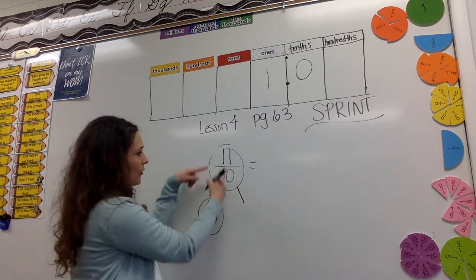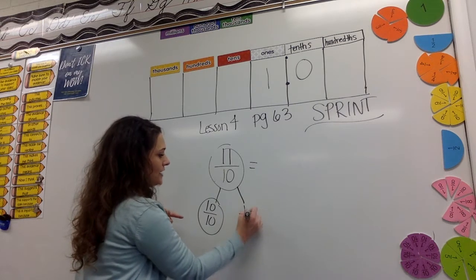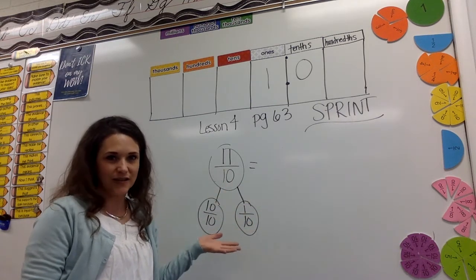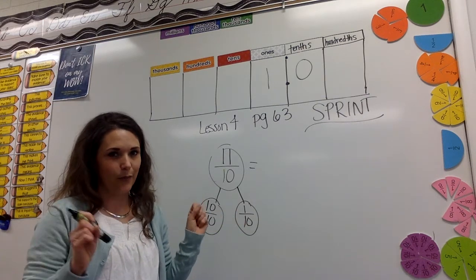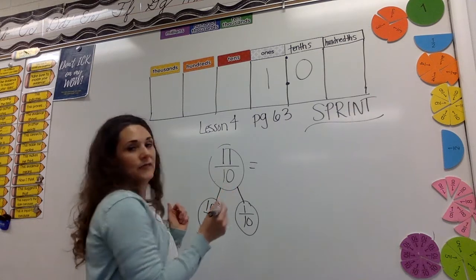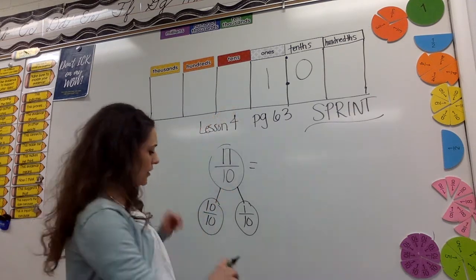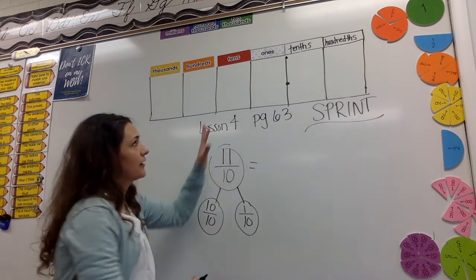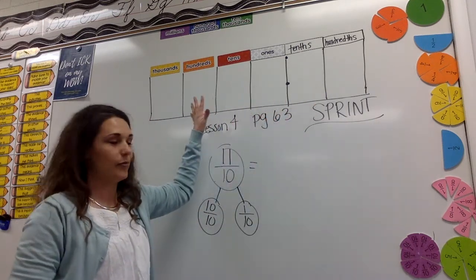And what could we number bond with that? Well, we've got 1 more tenth there. But we're not doing this as a fraction anymore or a mixed number. We want this as a decimal number.